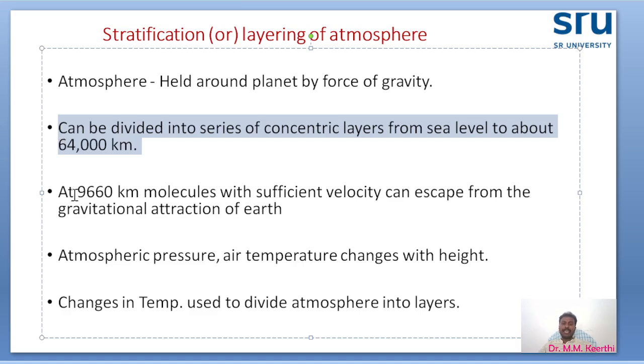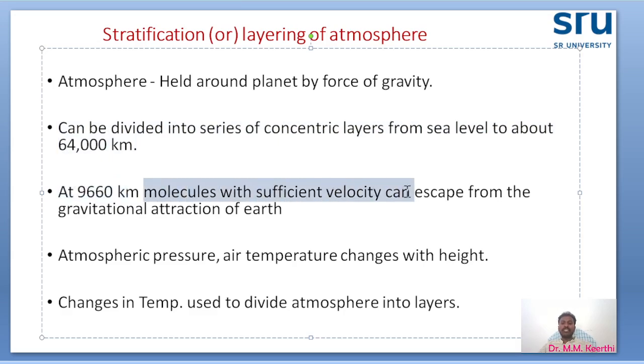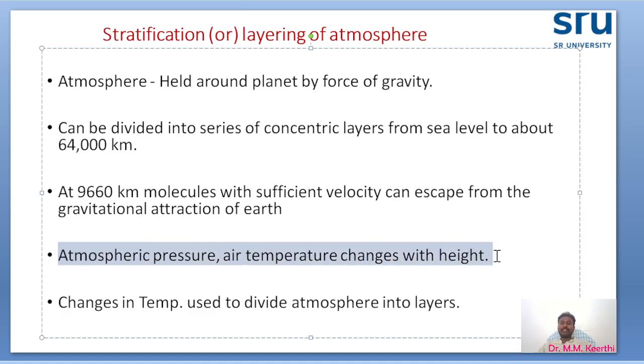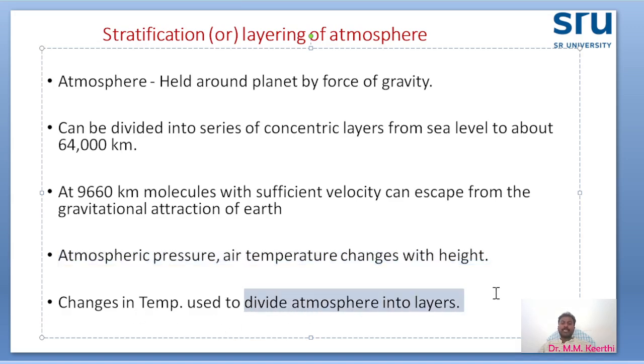At a range of 9,660 kilometers, a molecule with sufficient velocity can escape from the gravitational attraction of the earth. Another important thing: in the atmosphere, the pressure and air temperature change with height. When the height changes, the pressure and atmospheric temperature will definitely change. Changes in temperature are used to divide the atmospheric layers.